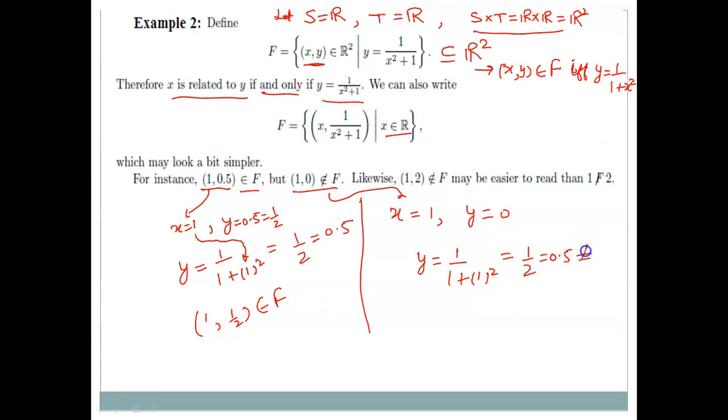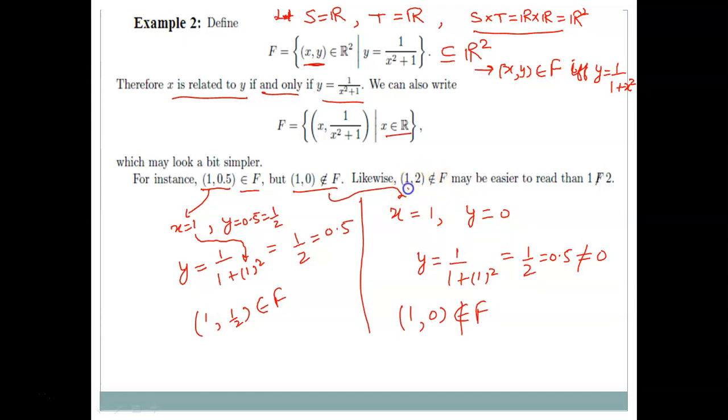That means this is not equal to 0. Because if this pair (1, 0) belongs to F, then it should satisfy this condition. But here it is not happening. That is why I can say this ordered pair does not belong to F.